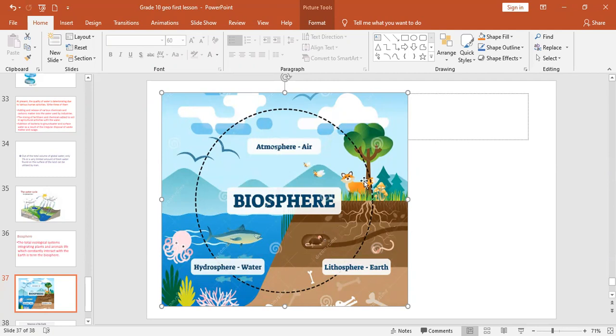On the lithosphere we can see various types of plants and animals as well as soil organisms. They are living. Okay, now you draw. If you have drawn this circle, it is easy to draw the other areas.